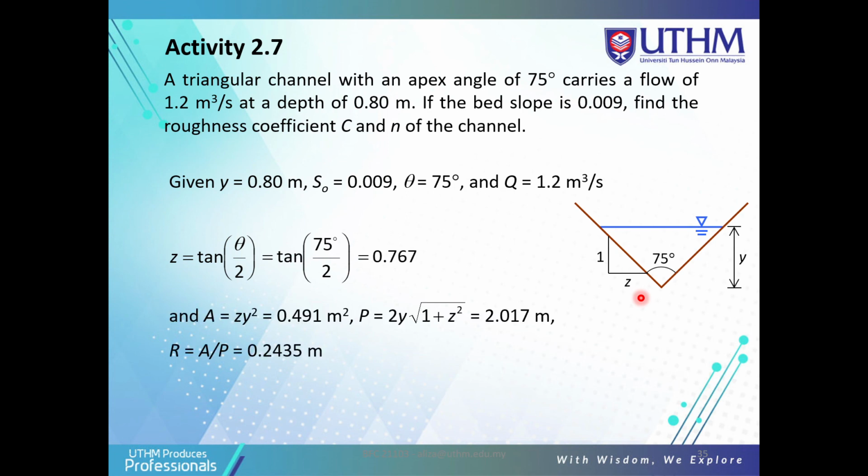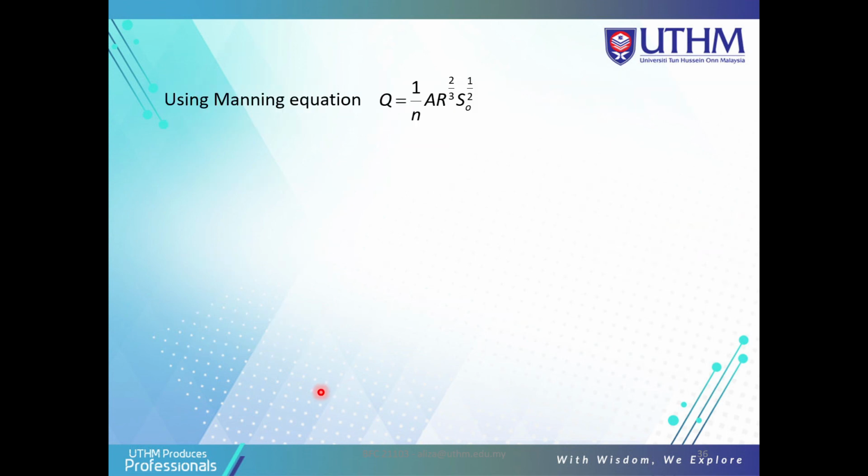So we get the values of A, P, and R. After that you use the Manning equation to get the Q and get the value of N. Because the Q is given, you must find the N. It depends on your question, which parameter you must determine or calculate.